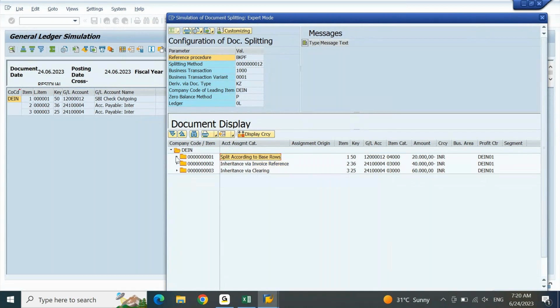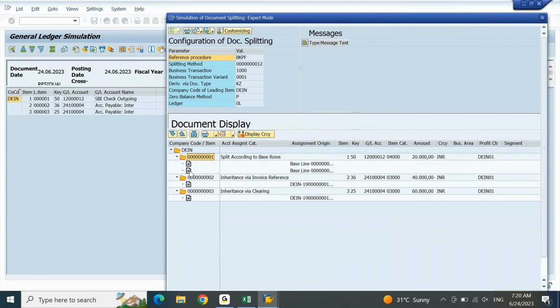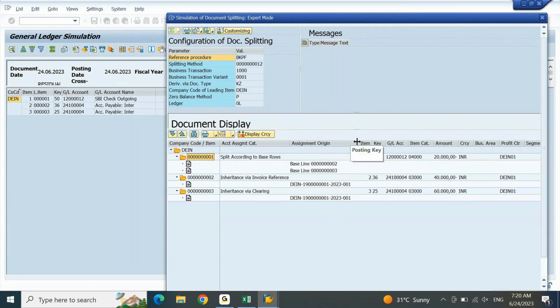If I expand this, now look at this. Did we give profit center anywhere manually? No, I did not give profit center manually.